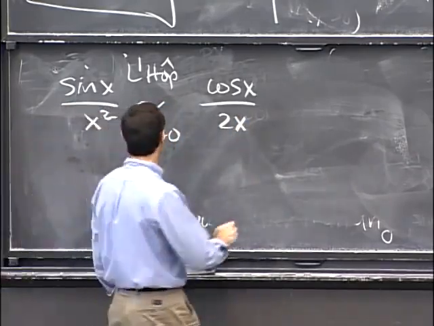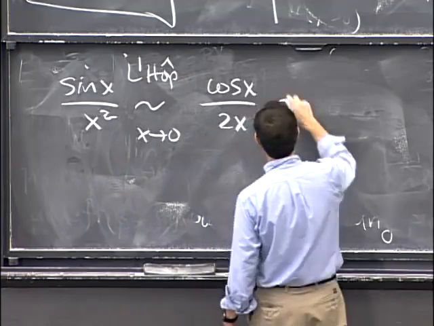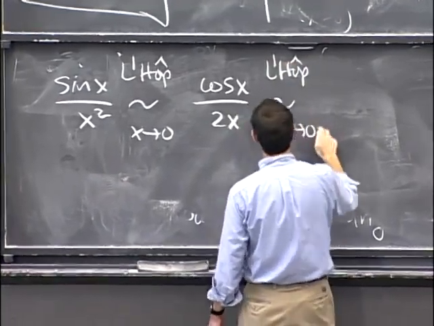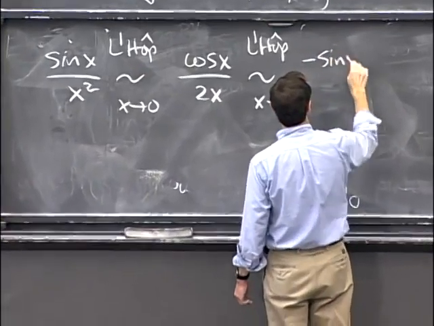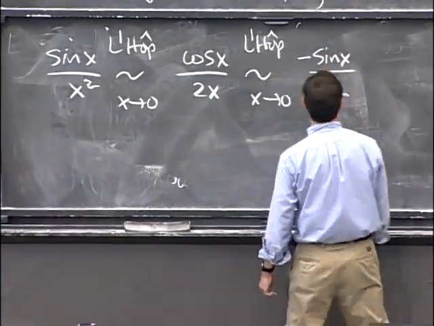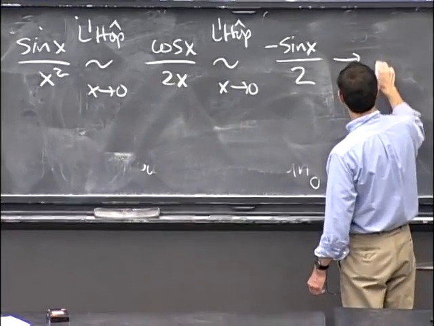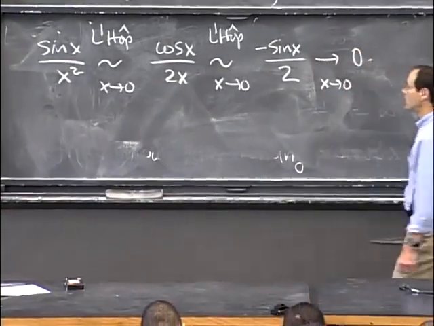And if you apply L'Hopital's rule again, as x goes to 0, you're going to get minus sine x over 2. And this, as x goes to 0, goes to 0.